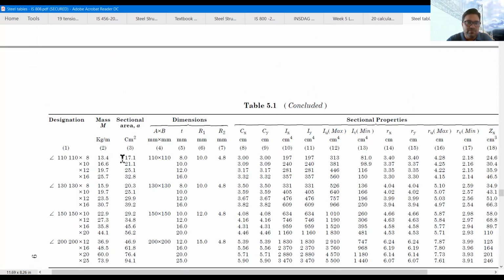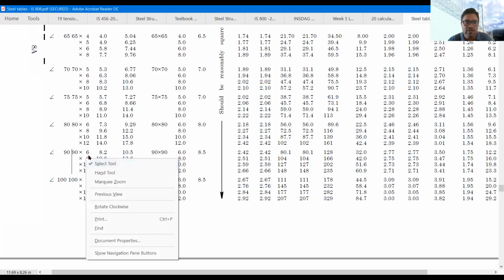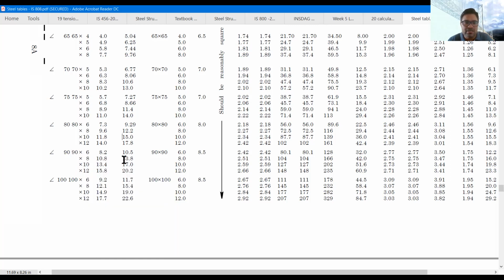So we can't choose them. Similarly, other sections are either lower than the required 12.76, or much higher than the 12.76 value. That is why the suitable angle section will be 90 by 90 by 8 mm, and corresponding to that, the sectional area is 13.8 centimeter square or 1380 mm square.